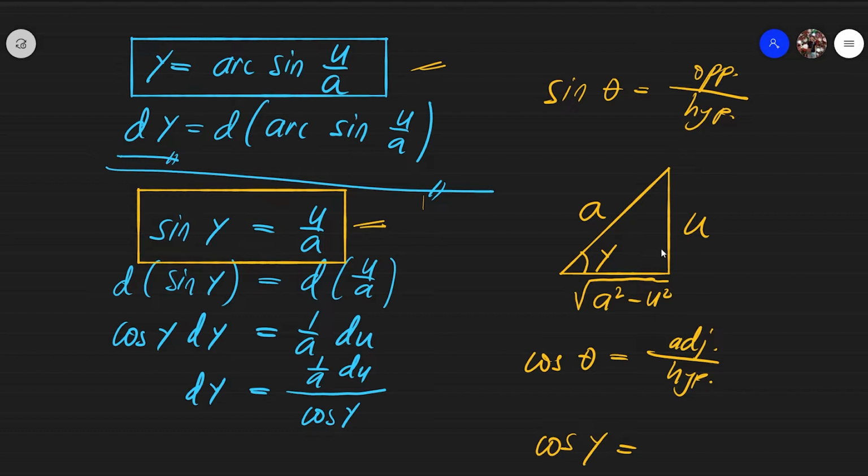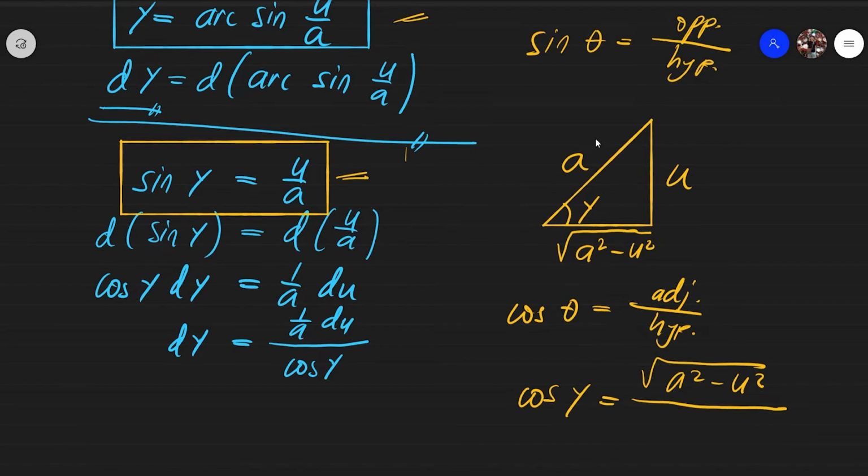From this triangle, the adjacent side is the square root of a squared minus u squared. So you can put it here, square root of a squared minus u squared all over the hypotenuse, which is a. So this is the value of cosine y.